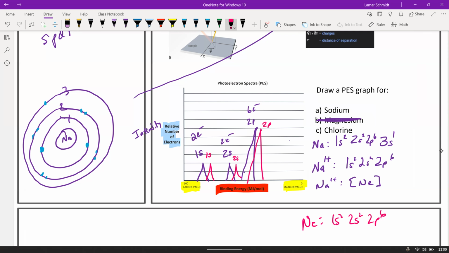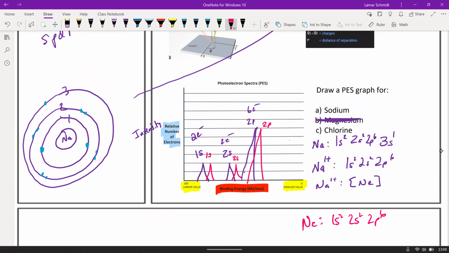Because there are more protons in that ion. That's true when we have a cation. So the purple is representing the sodium ion, and then the red or pink, whatever color it is, representing the neon. Does that make sense?